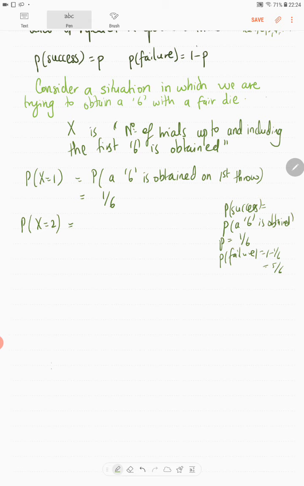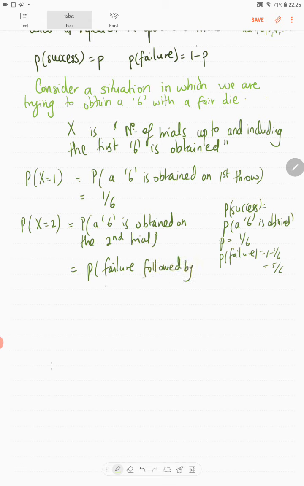So if a 6 must be obtained on the second trial, that means on the first trial, we will have failure, followed by success.